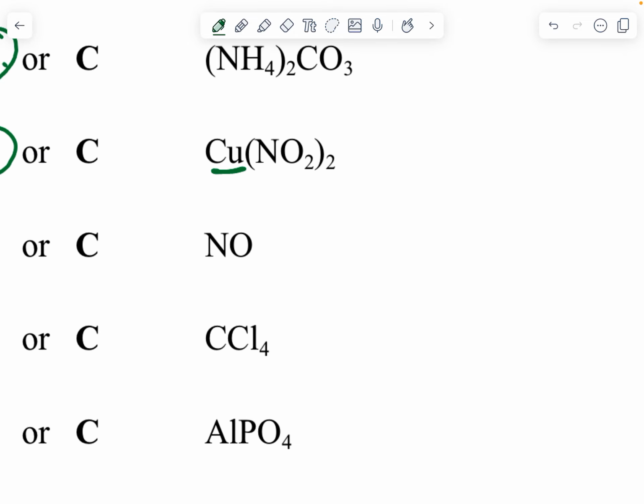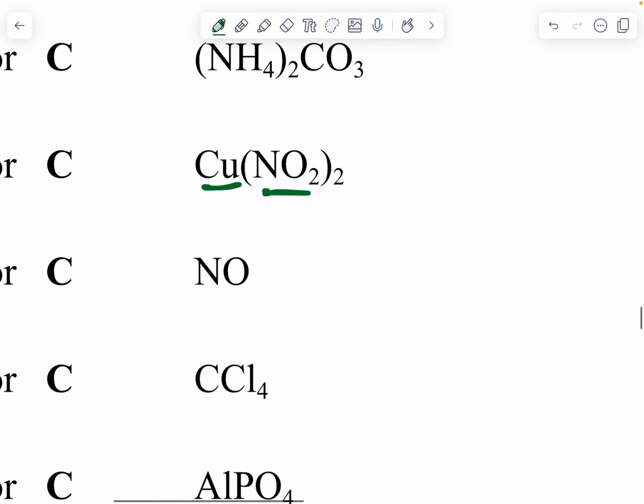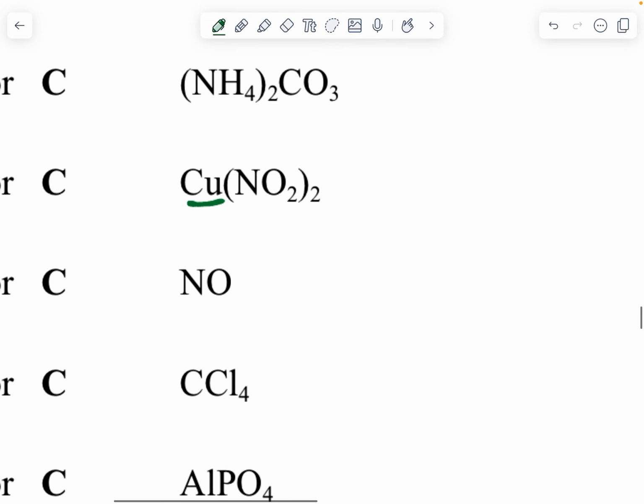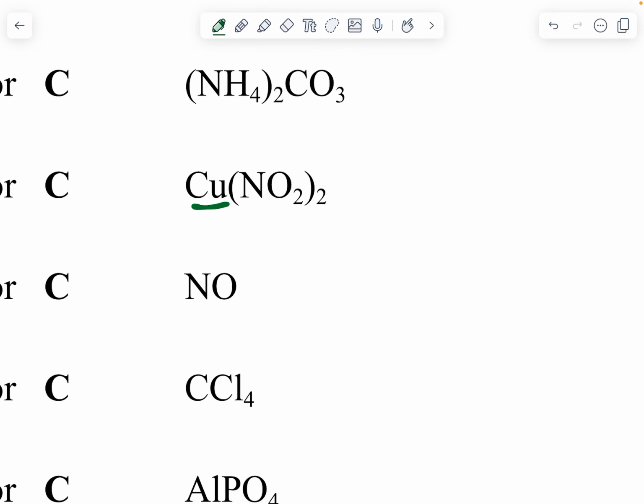And so what I do is I work backwards. All right, this group right here, NO2, we can name it right now. NO2 is a nitrite group. Nitrite, it's a polyatomic. And we look at the charge. We'll always know the negative ion's charge. And so we know that 1 nitrite is a -1. But we see that we have 2 of them, right? 2 of these nitrites.